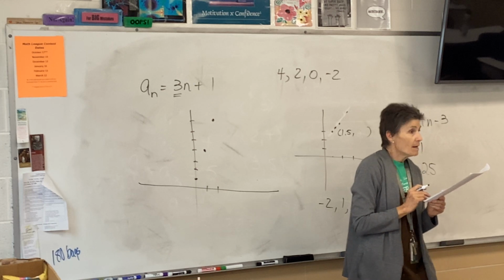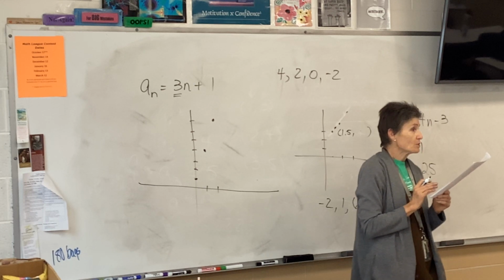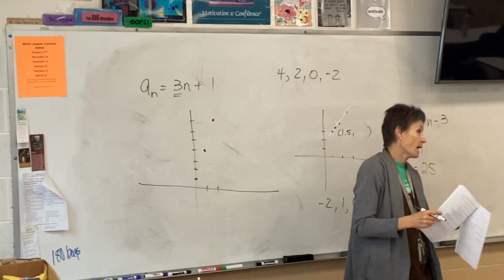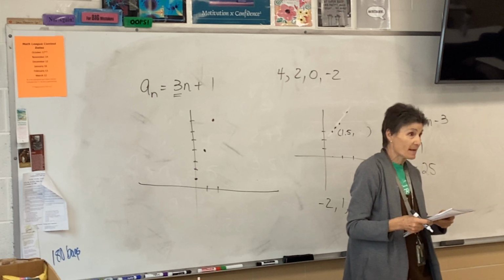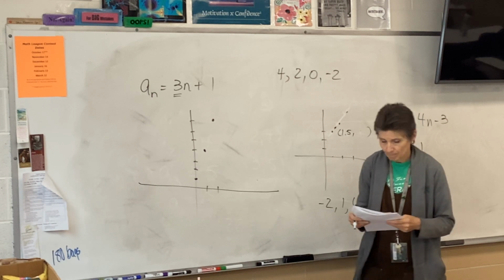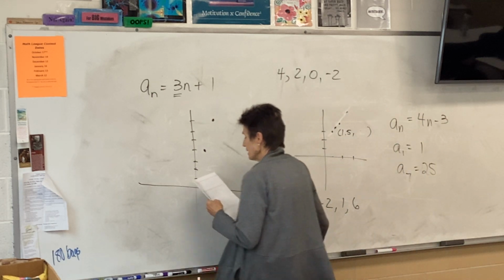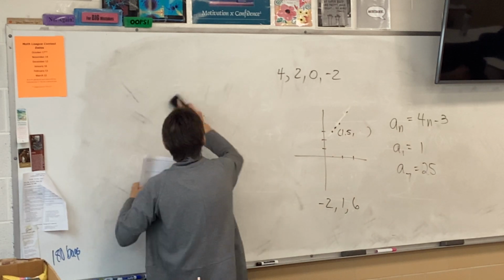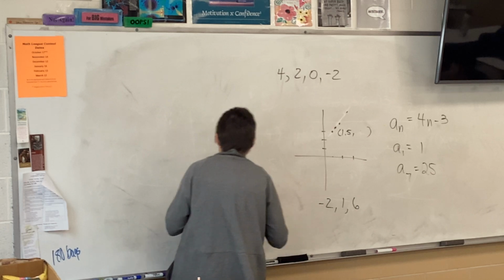Yes, there is. But that wasn't the question. The question was, is it arithmetic? And it is not, because we're not getting from term to term the same way. Agreed?